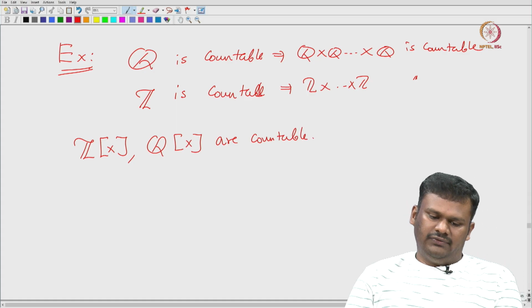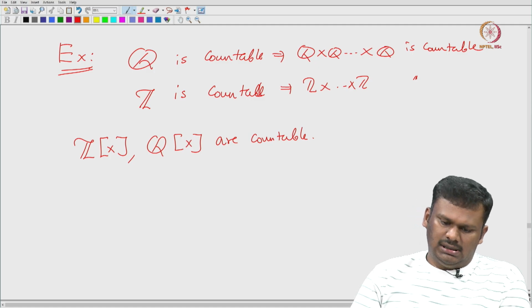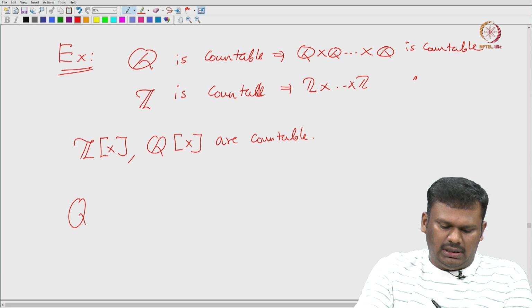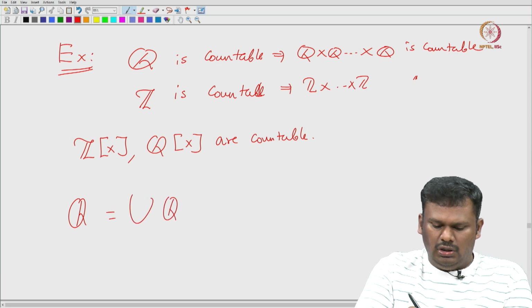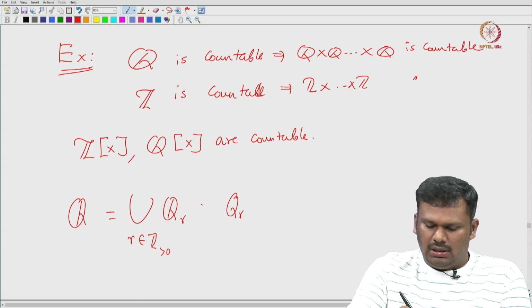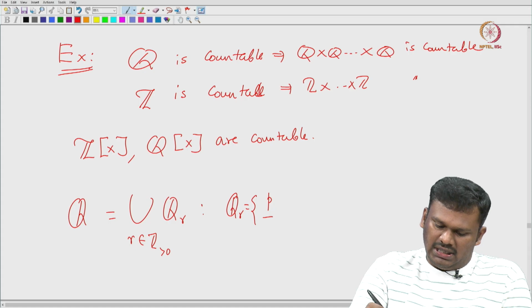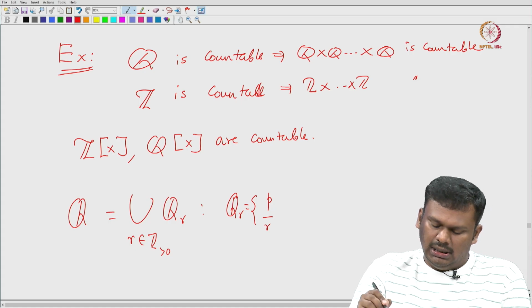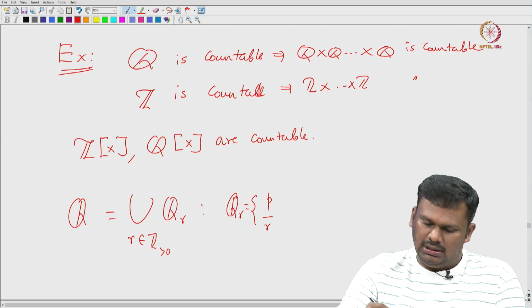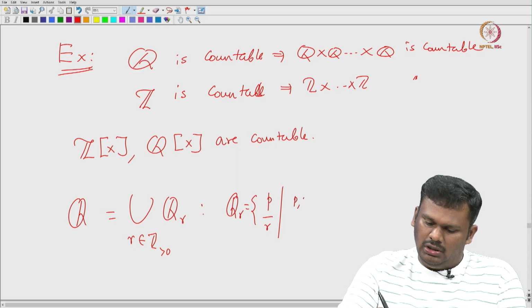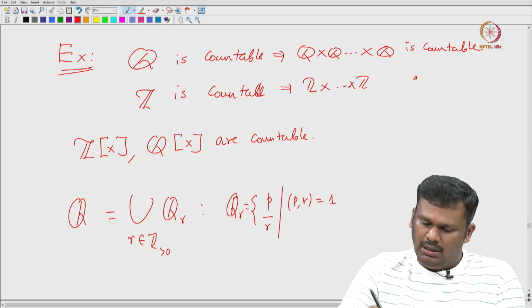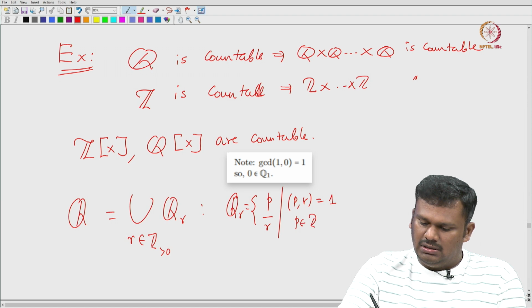This is not very hard to prove, so maybe you can take it as an exercise. One way to do it is to think of Q as the union of Q_r, where r comes from Z positive, where Q_r is defined to be those rational numbers p over r whose denominator has r in it, where p and r are relatively prime and p comes from the integers.